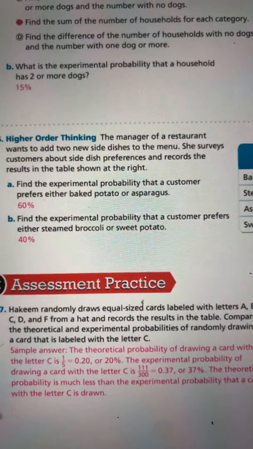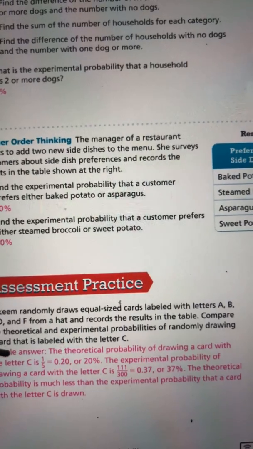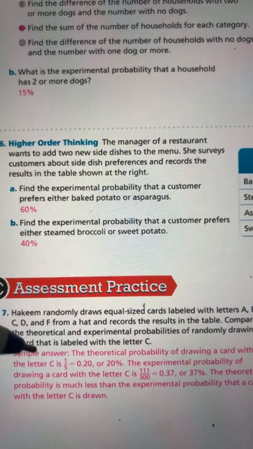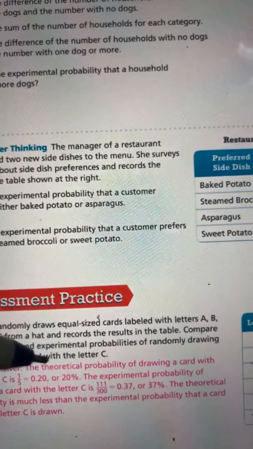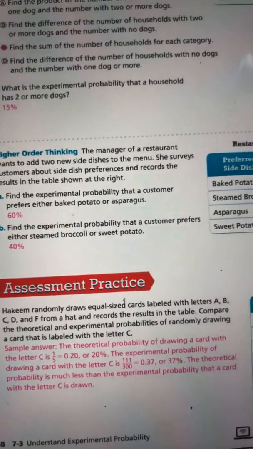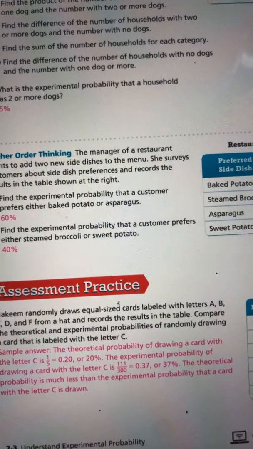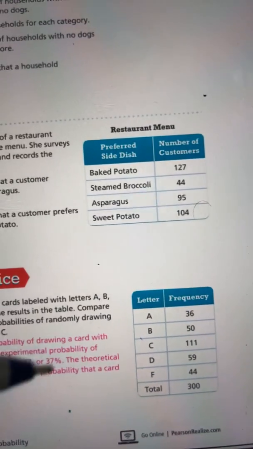Okay, we check the result now. Yes, here the theoretical probability of drawing a card with the letter C is 1 over 5 equals 0.2, in percentage is 20%. Now we calculate the experimental probability. How to calculate it? Just use the frequency.